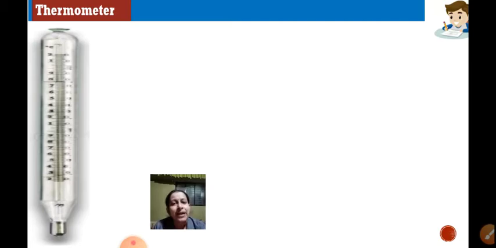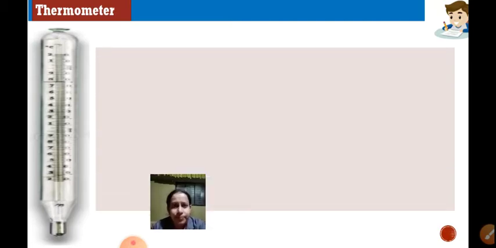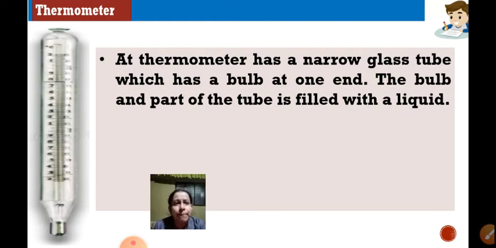Okay, and this narrow tube ends in a bulb, and that bulb as well as the narrow tube inside the bigger glass tube is filled with a liquid.